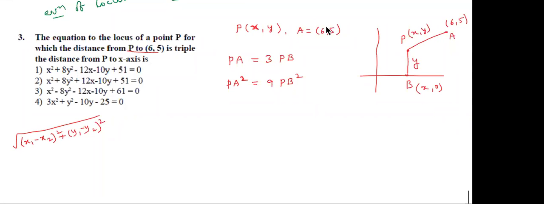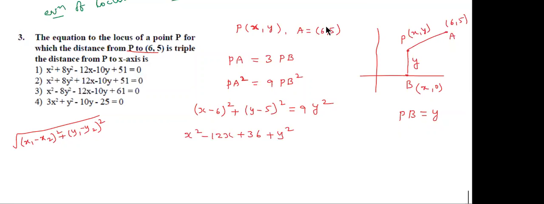Now PA square, P to A distance, what is that? X minus 6 whole square plus y minus 5 whole square, that is equal to 9 into PB square. What is PB distance, students? That is y. PB square means y square. Expand this: x square minus 12x plus 36 plus y square minus 10y plus 25.